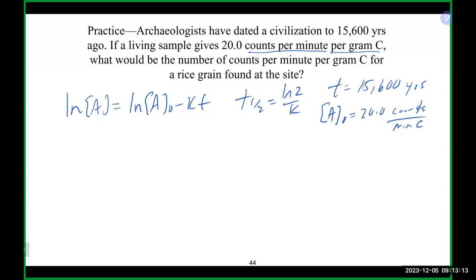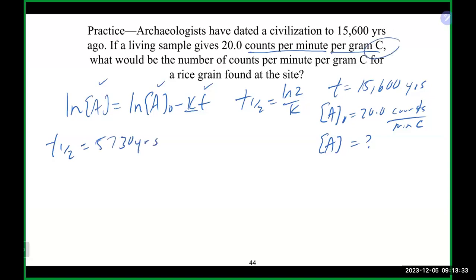And in this case here, we're looking for what it would be at the end for our rice, I think. And we have this, this, and this. Here we will use our half-life like we did before, which was our 5730 years.